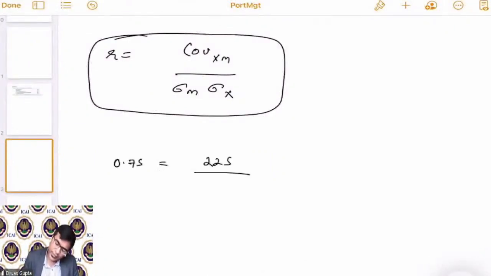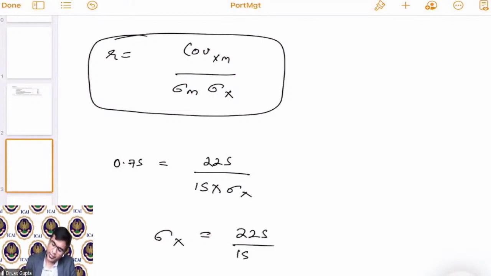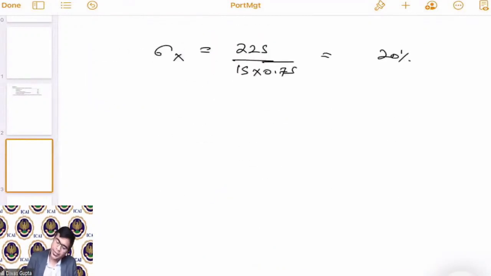Covariance is given as 225, divided by 15, which we have already calculated, and we can take this out in the formula. So the standard deviation of security X comes out as 225 divided by 15 into 0.75. This is coming out to be 20%. The standard deviation of the security is 20%.